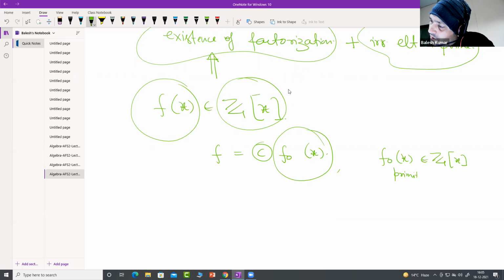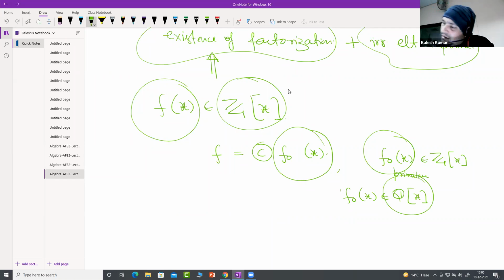Now you think of this polynomial inside Q[x], and Q[x] is a unique factorization domain, so we can factor f0(x) in terms of, say, f1, f2, and so on up to fn(x). Here f0 is an integer coefficient polynomial which is primitive.